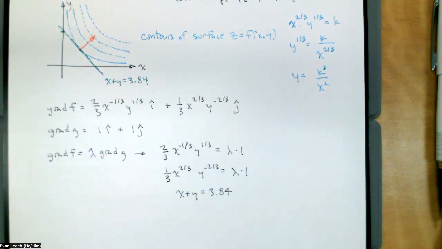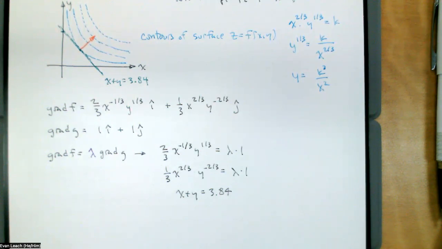Notice that this first equation says lambda equals 2/3 x to the negative 1/3 times y to the 1/3. And the second equation has another lambda in it. So I'm going to combine those two equations. I'm going to substitute the first equation into the second equation. Actually, let me reverse that.